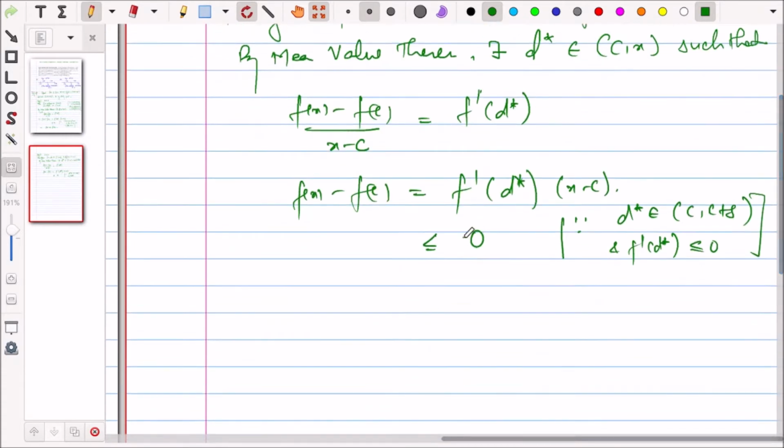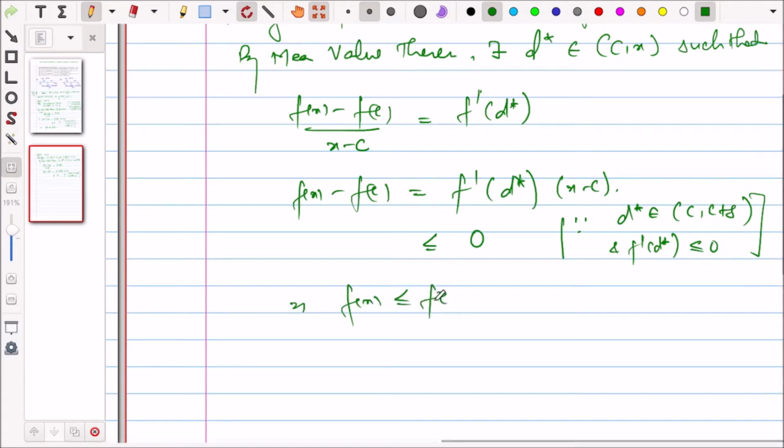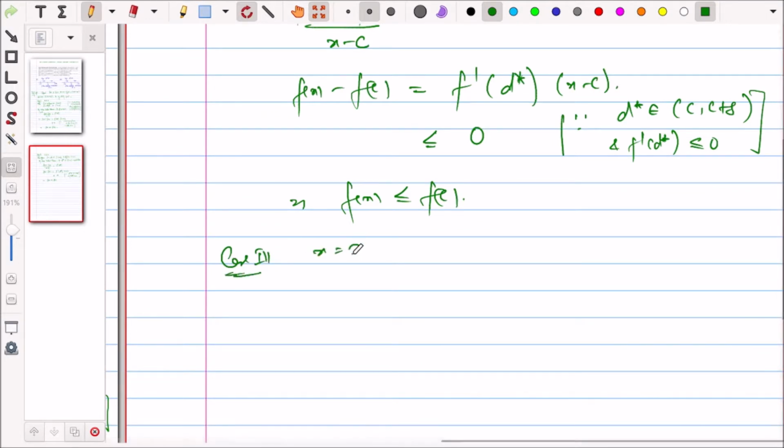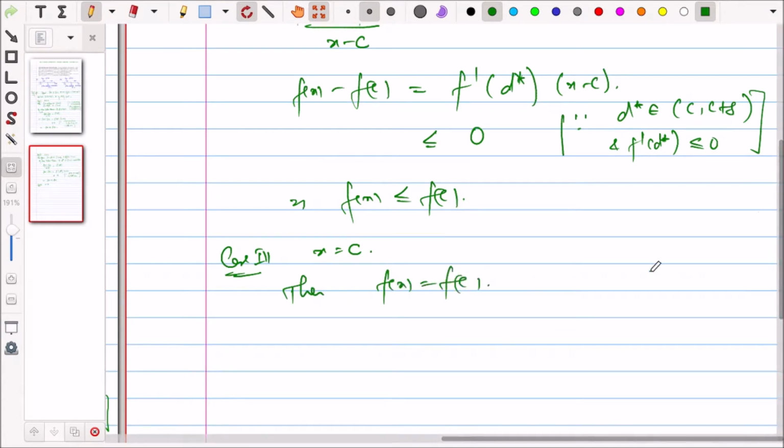Okay, is it fine? So this implies f(x) is less than or equal to f(c). And case 3, x is equal to c, then f(x) is equal to f(c).